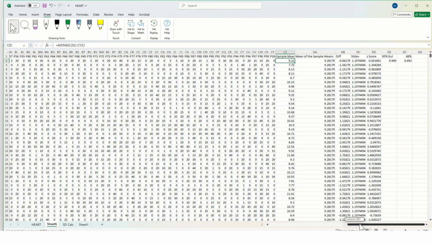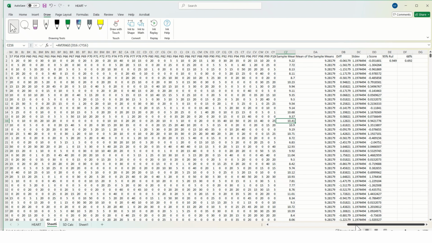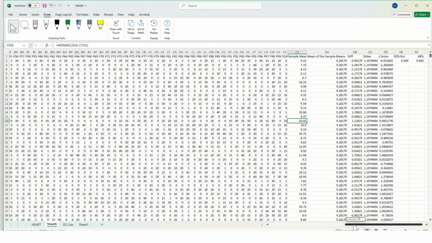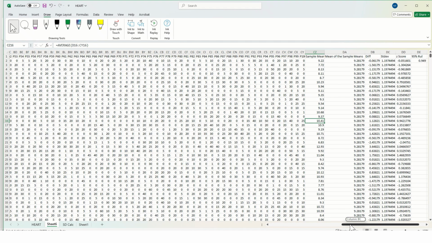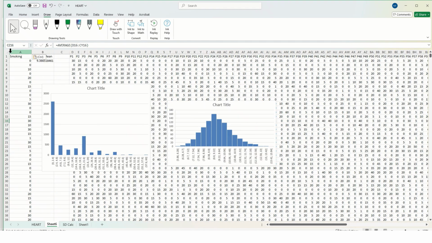I repeat, with any of these samples, you have a 95% probability of being within 2 standard deviations. So remember this law, and then we will learn how we calculate the mean of the whole population based on just 1 sample.